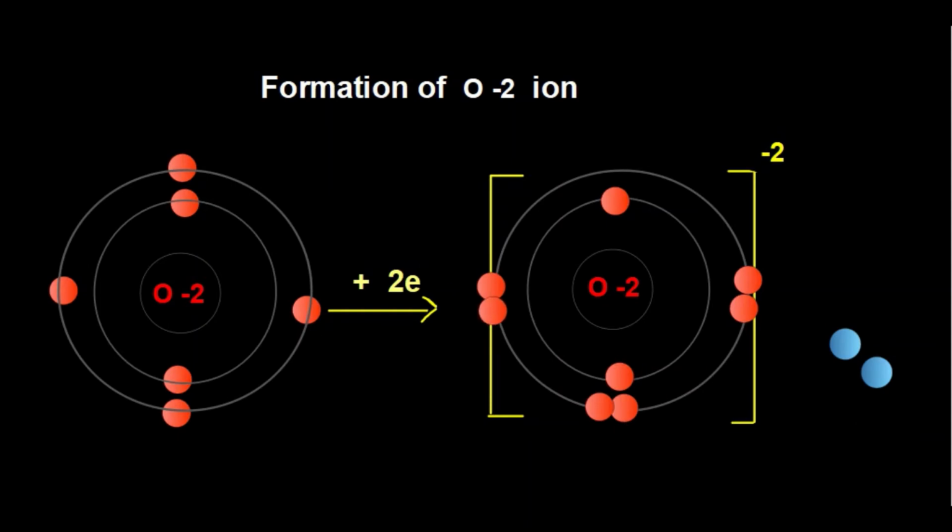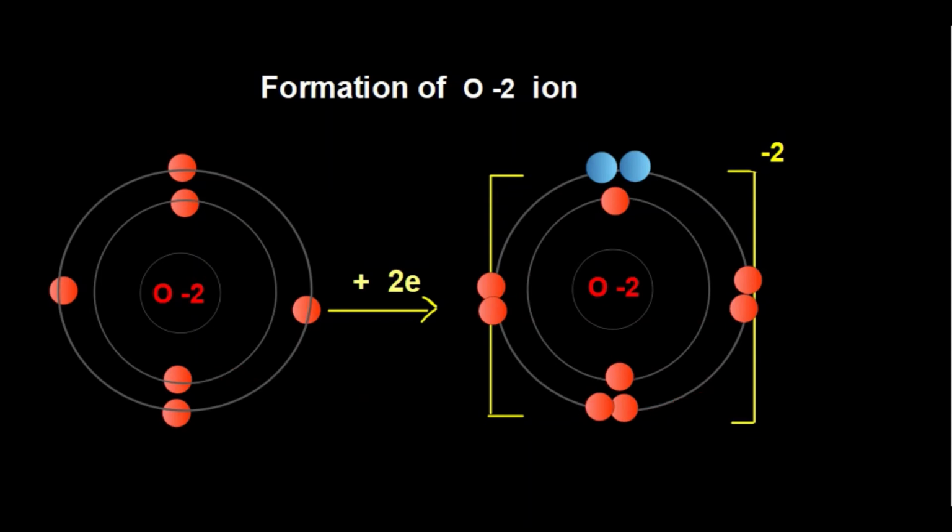These are the 2 electrons which are gained by oxygen in a chemical reaction to form the oxide ion. After the gain of 2 electrons, the octet of oxygen is completed in the valence shell: 1, 2, 3, 4, 5, 6, 7, 8. Now the octet is completed and oxygen is converted into the oxide ion.